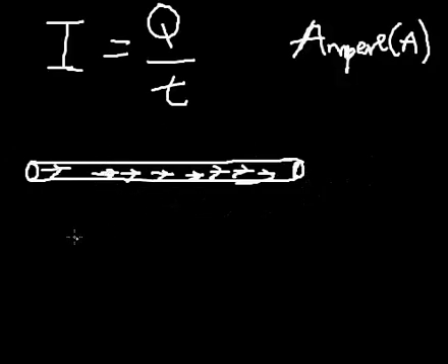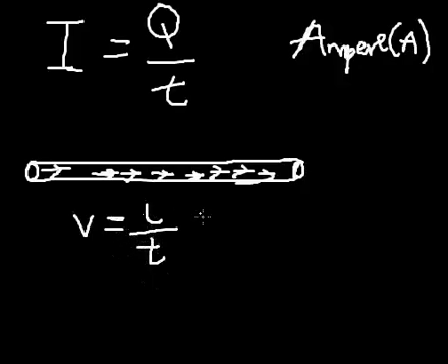First of all, let's look at the velocity of the current. In physics you know that velocity is given as displacement, which is length, over time.